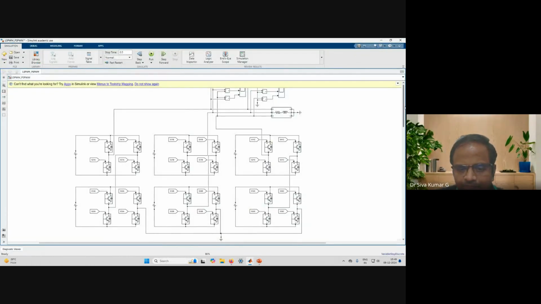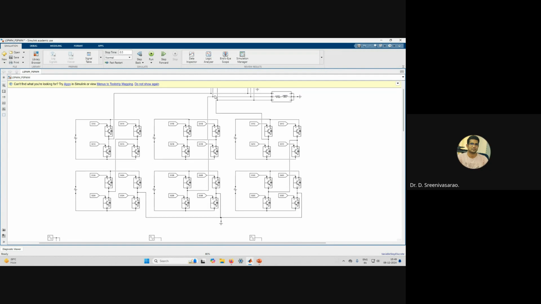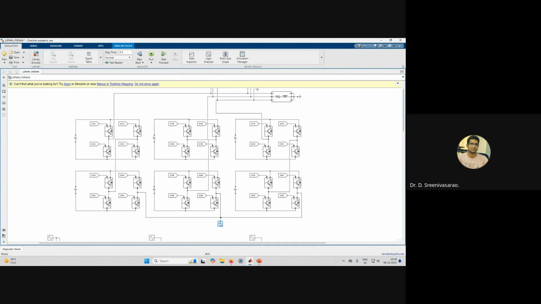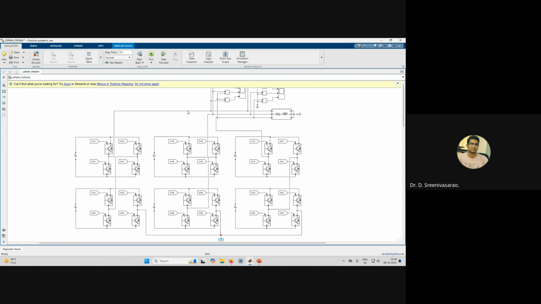So this entire thing produces a five level cascaded H-bridge, and we have a common ground point for the reference. These are three terminals. This is the A phase terminal, this one is A phase, and this is B phase, C phase.